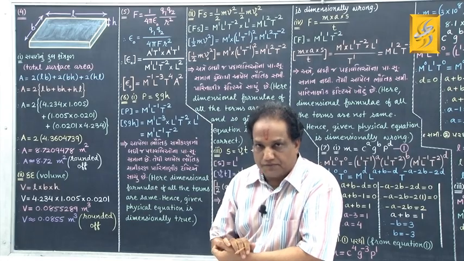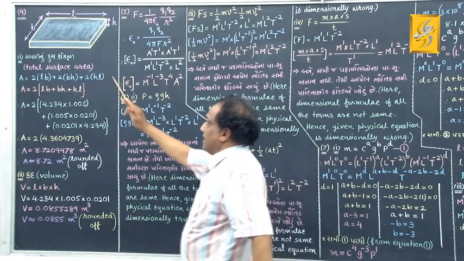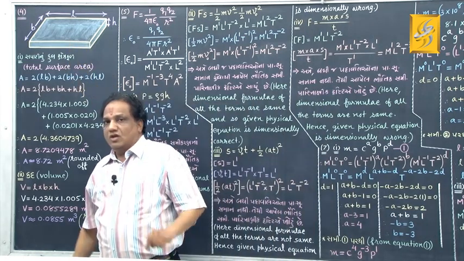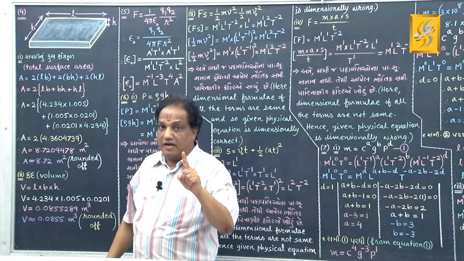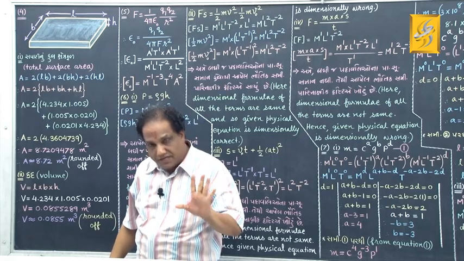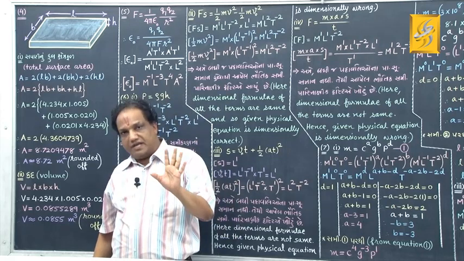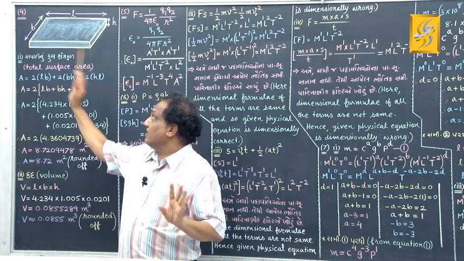Read it? Look. Here we are given one rectangular metallic sheet. Okay. Just for your better understanding, I have drawn that sheet in the figure.